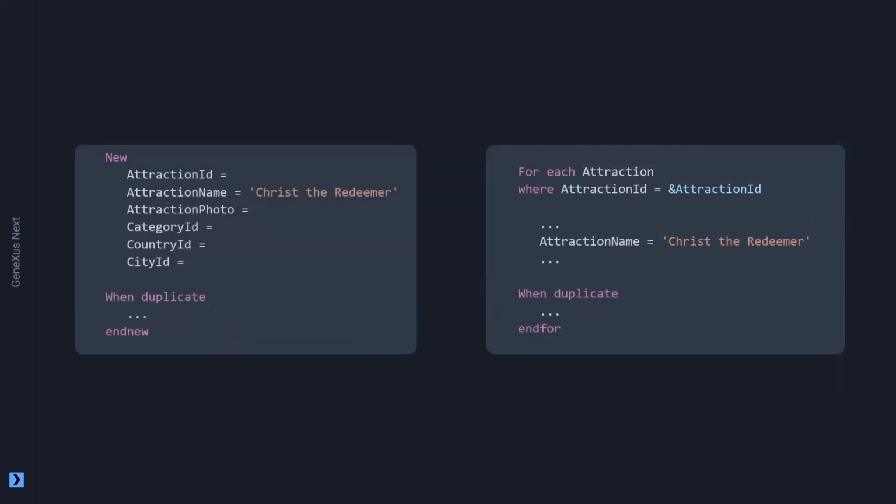The action is taken if the when duplicate clause is programmed in both the new and the for each, so that the developer can code something when such cases occur. This doesn't happen with referential integrity failures. If the when duplicate clause is not coded, then nothing is done. It's as if the new or the for each hadn't been written.